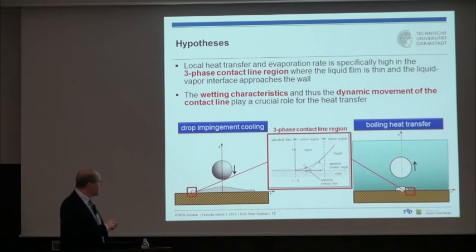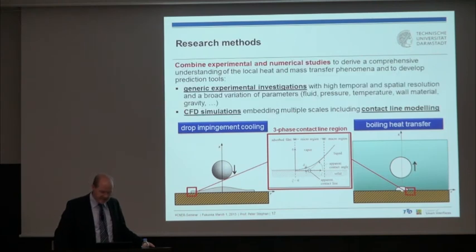And of course, this situation is very similar in both cases, drop impingement and boiling heat transfer. That's why we applied our numerical model for both situations, and that's why we investigate these two different situations with a very similar experimental setup.